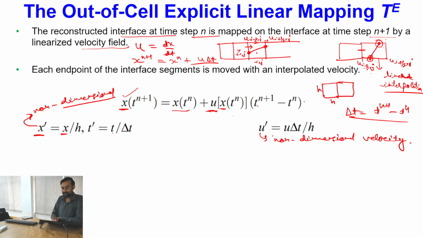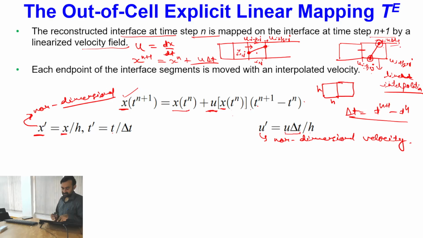How have I defined u dash? u dash is nothing but equal to u times delta t divided by h. So what is u delta t? u delta t represents how much this point has moved, that distance is actually u delta t.